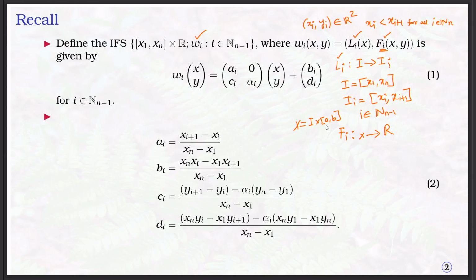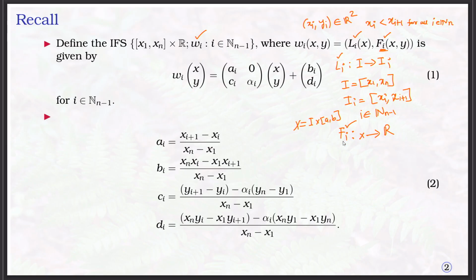We need to find the minimum of all the y, and a must be less than it, and find the maximum of all the y values, and b must be greater than the maximum of the y values. Now Fi is defined from X to R, and Fi is a contraction with respect to the second variable.